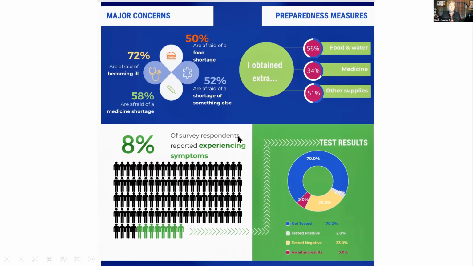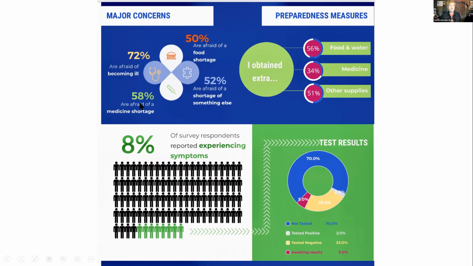So this is the middle part of the infographic. They asked them how they were prepared, or what they were most afraid of. 50% were afraid of food. 100% were afraid of losing toilet paper and not being able to obtain it. 52% were afraid of something else, be it a shortage.